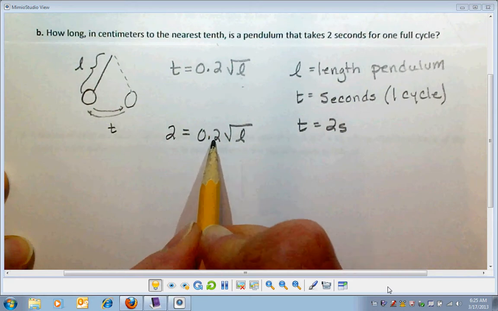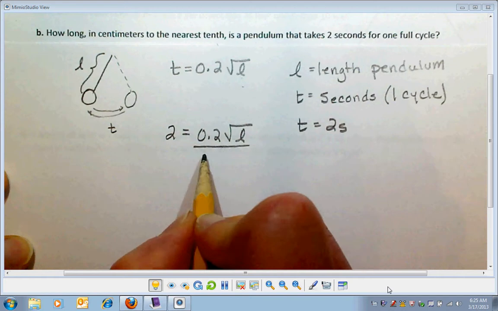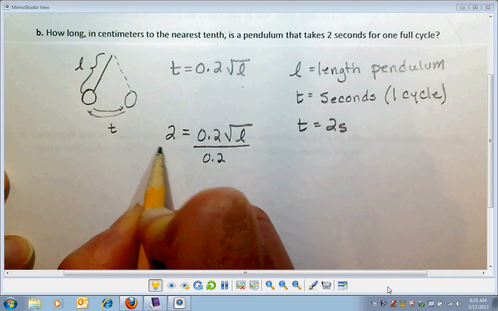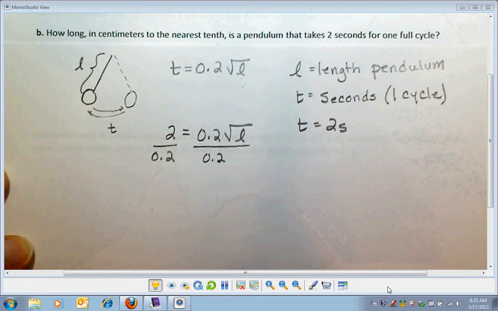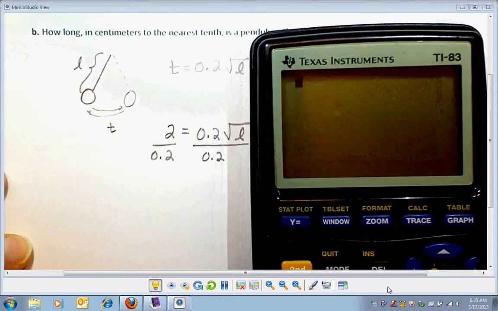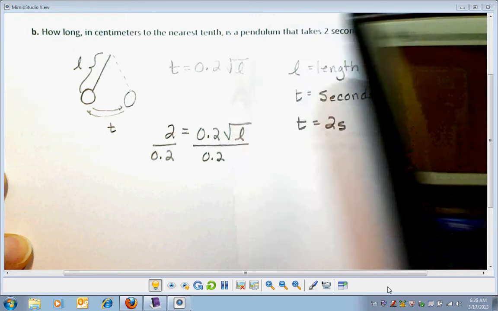Since 2/10 is being multiplied to the square root of L, I need to divide by 2/10. You can always go to your calculator, and 2 divided by 2/10 gives me 10.